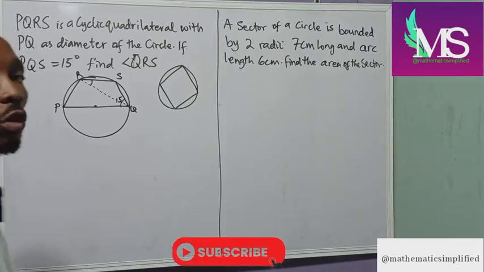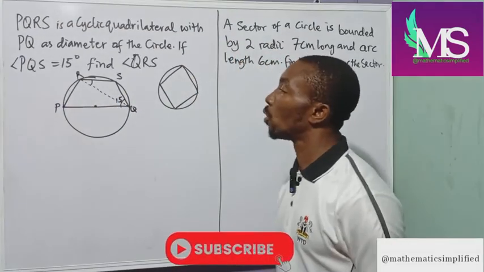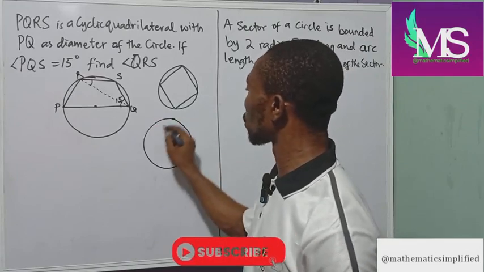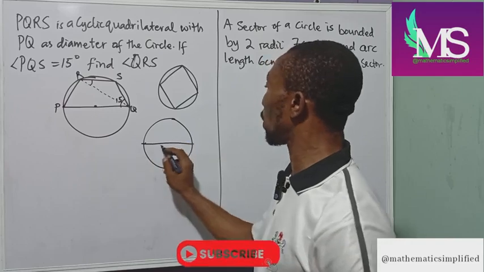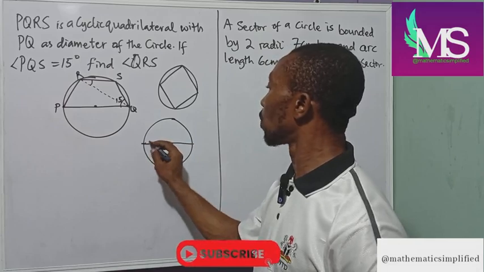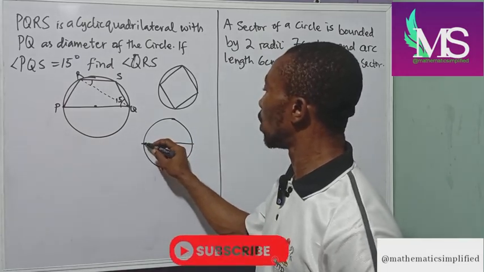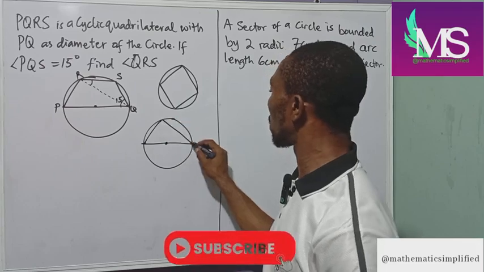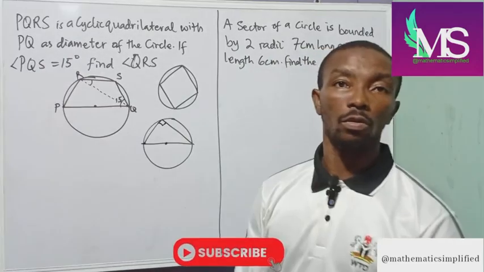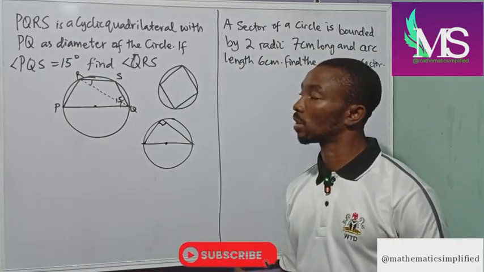If we remember our theorems in cyclic quadrilaterals, we'll remember the theorem of a semicircle: when a chord cuts through the center of your circle and makes an angle at the circumference, this angle is 90 degrees. How did it come about 90 degrees?